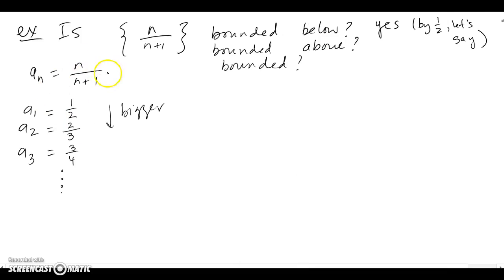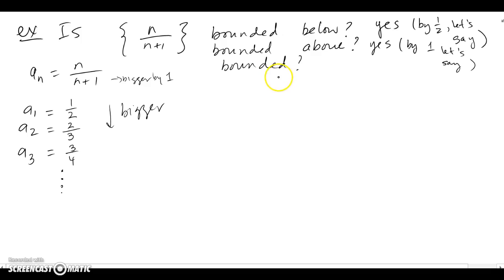It makes sense because the denominator is always bigger by 1 than the numerator, so this is not going to get bigger than 1. So is it bounded above? Yes, bounded above by 1, let's say. I say let's say because you can say it's bounded above by 2 if you want. It doesn't have to be unique.